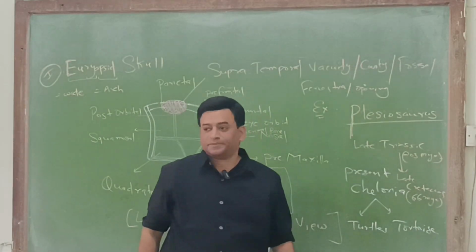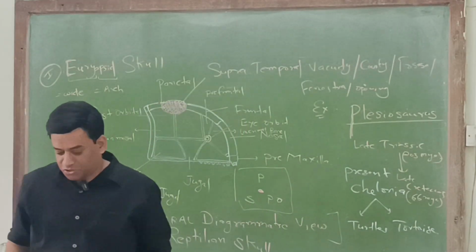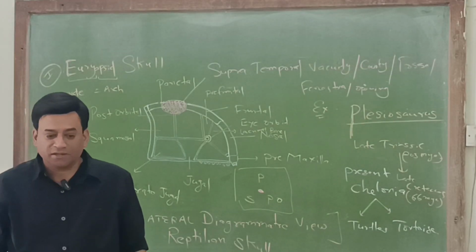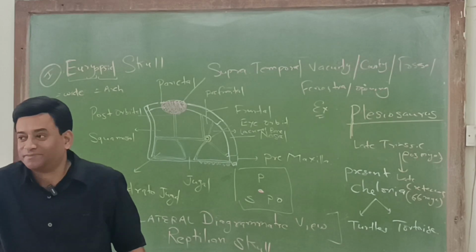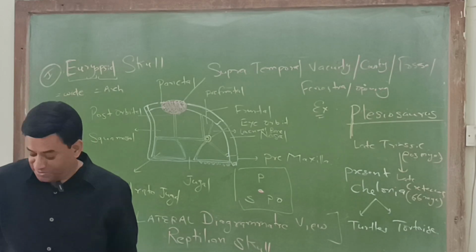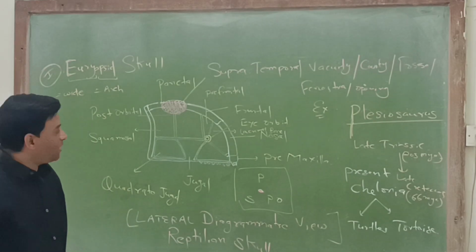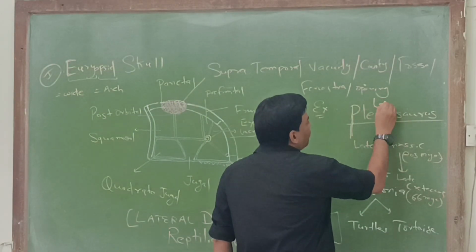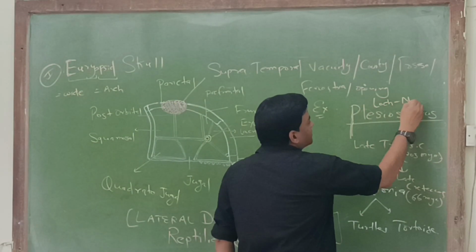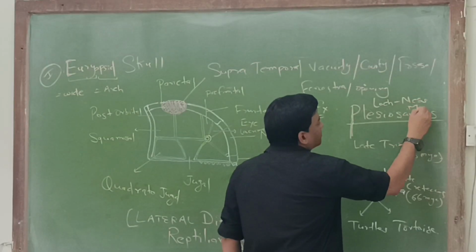Why is it great? Because it was a monster. And what is the name of the monster? Have you ever heard? This is very, very interesting. The name of this monster is Loch Ness monster.